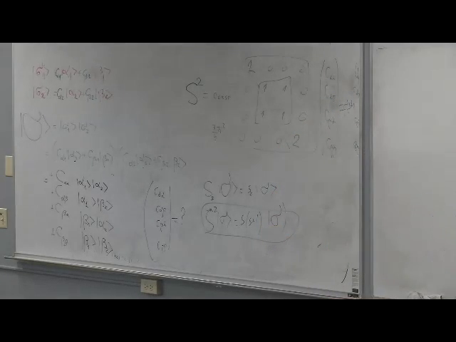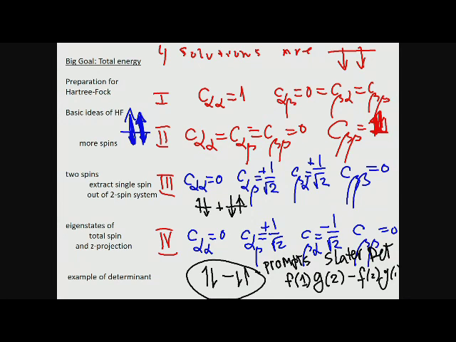And if one does it, one gets 4 solutions. Two solutions come from the first element in the matrix and the very last element in the matrix.